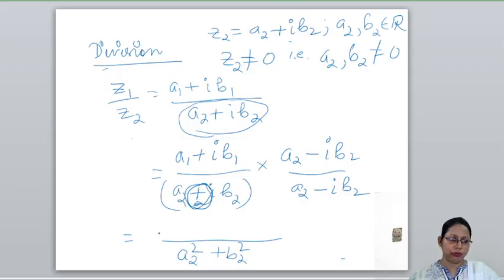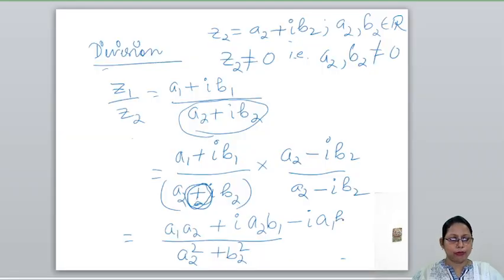Now in the numerator it will be a1 a2, then plus i a2 b1, minus i a1 b2, then minus i square b1 b2. In the next step, minus i square will be plus 1.